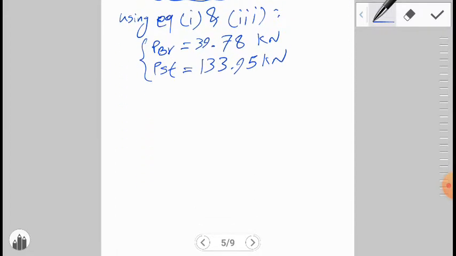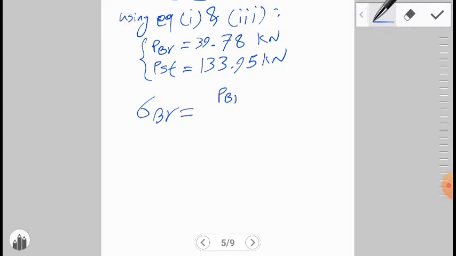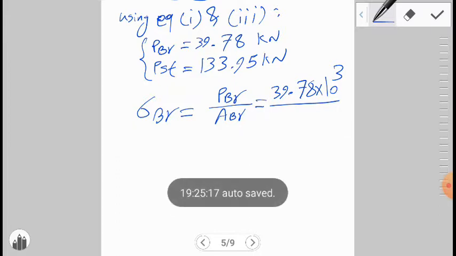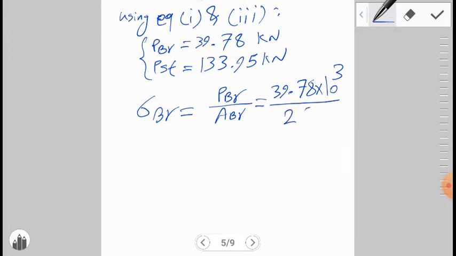After finding the internal force, for finding the stress in each member, we can simply write sigma BR is equal to PBR divided by ABR, times 1000 for kilonewton to newton, and ABR is equal to 250.